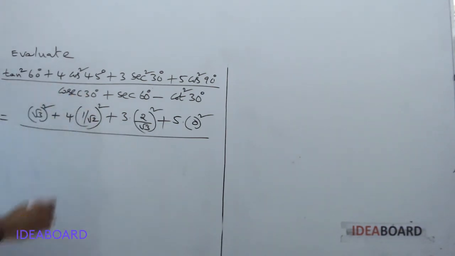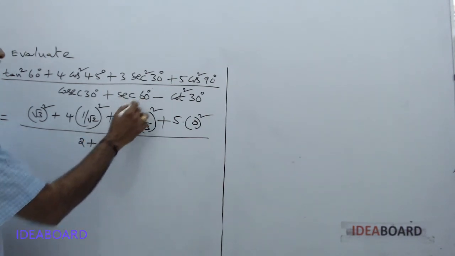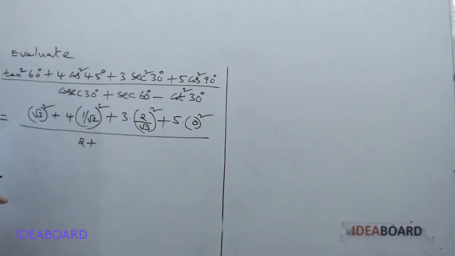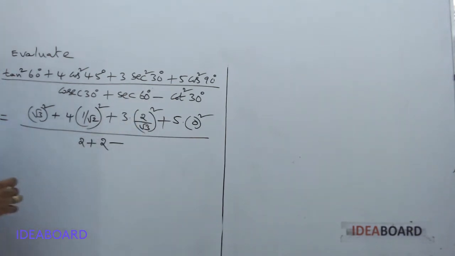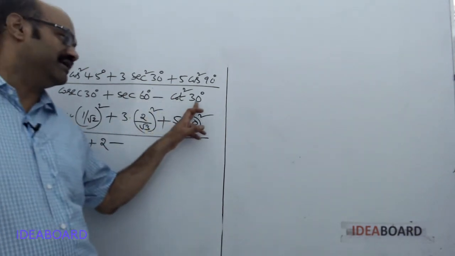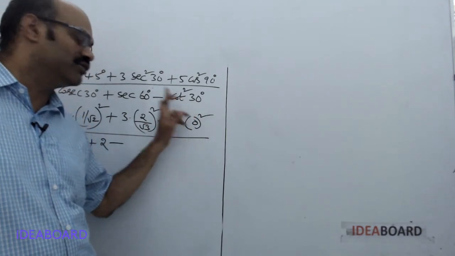So cosecant 30 equal to 2, plus secant 60, cos 60 is 1 by 2. So secant 60 equal to 2, minus cot 30, tan 30 is 1 by root 3. So cot 30 equal to root 3.